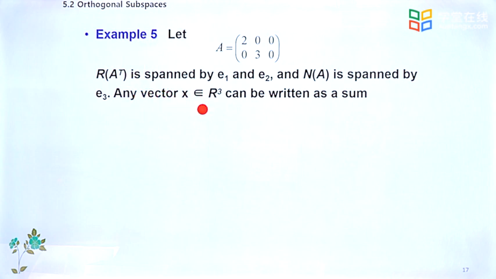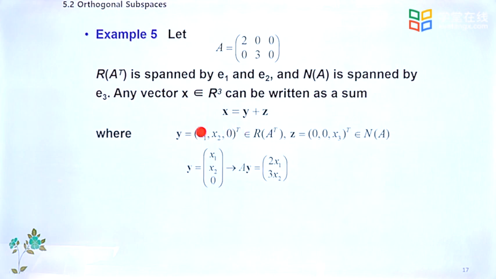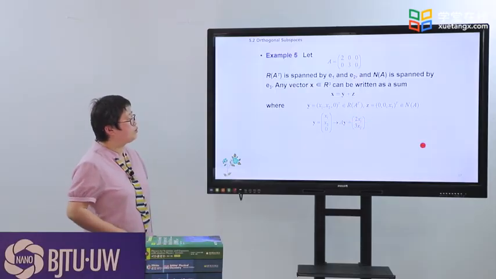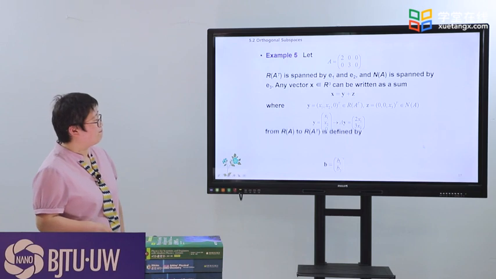Any vector x in R3 can be written as a sum y plus z, where y belongs to R(A transpose) and z belongs to N(A). Then you can write y equals (x1, x2, 0), and A times y just equals (2x1, 3x2).